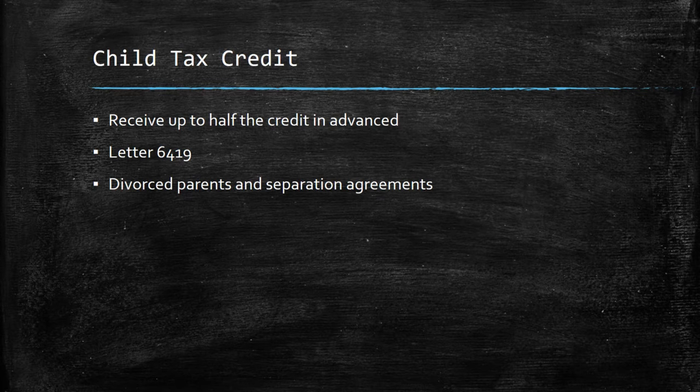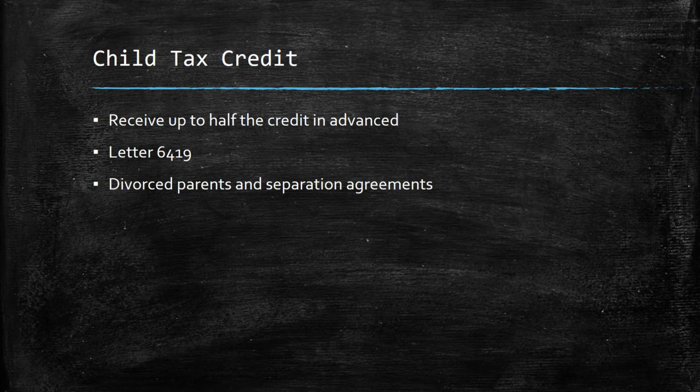I think $400,000 for married filing joint is the cap. So if you made more than that as married filing joint, then you do not get any of the child tax credit. So very interesting one I've certainly seen a lot of in the VITA experience so far this year.